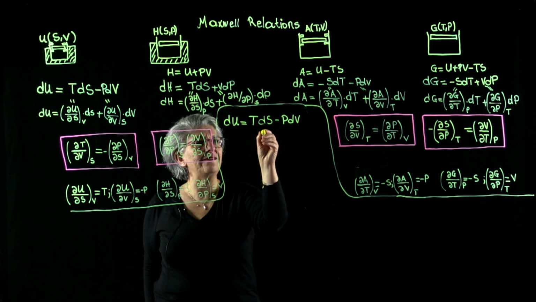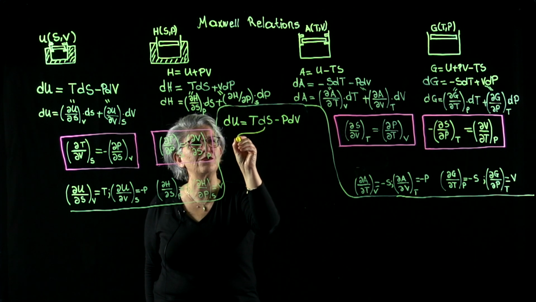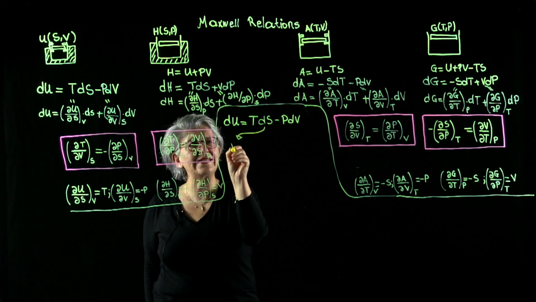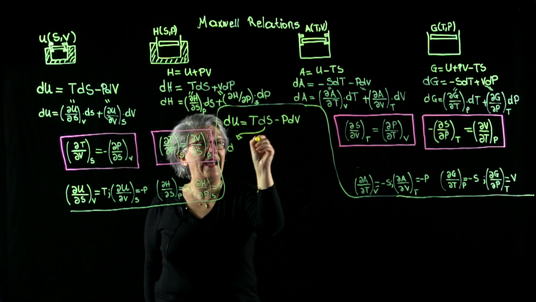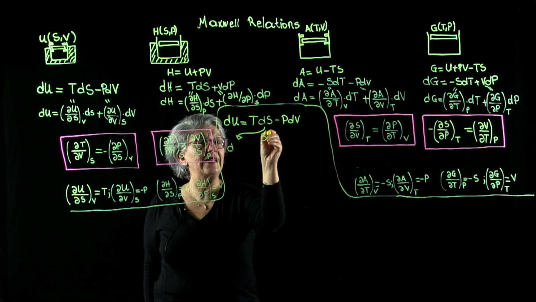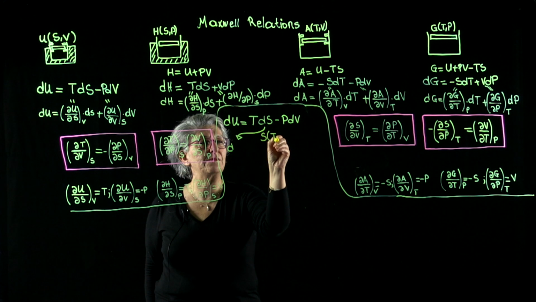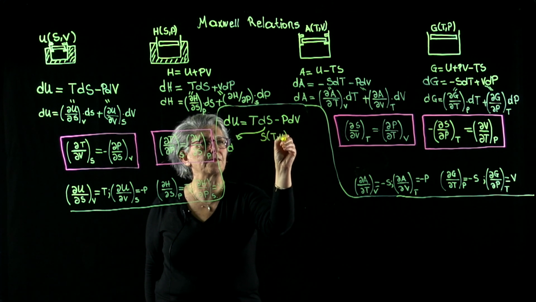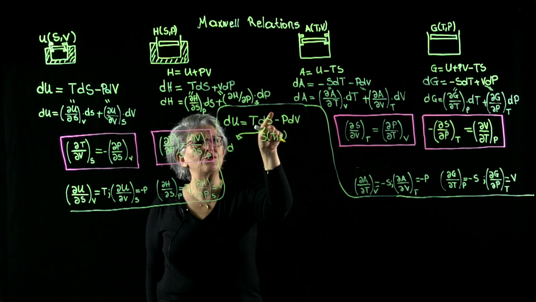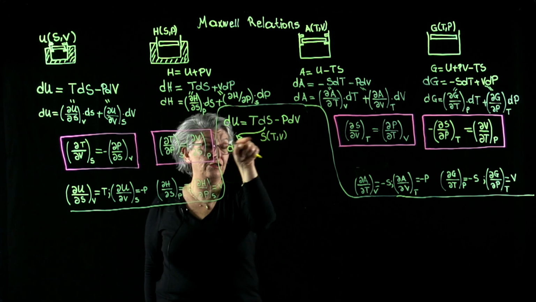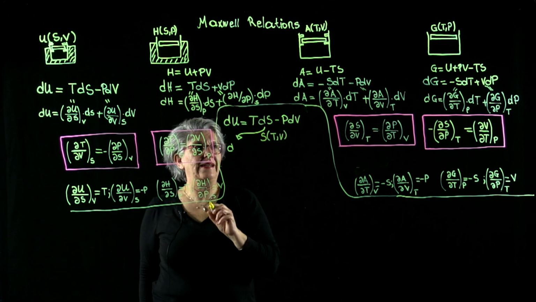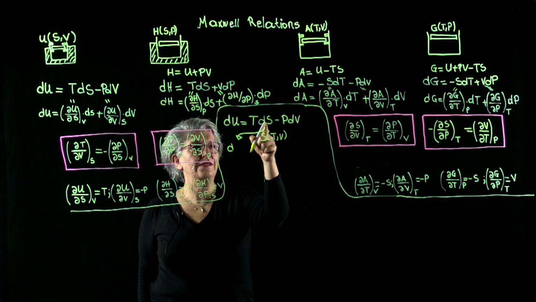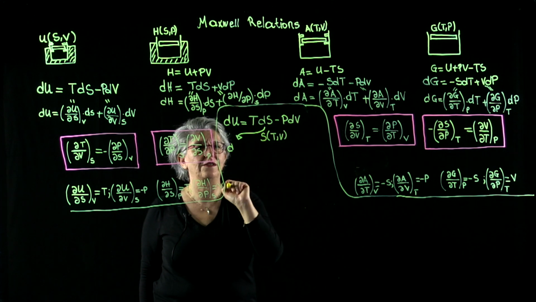Now we are going to take this entropy and express entropy as a function of temperature and volume, and then substitute here for internal energy as a function of temperature and volume.